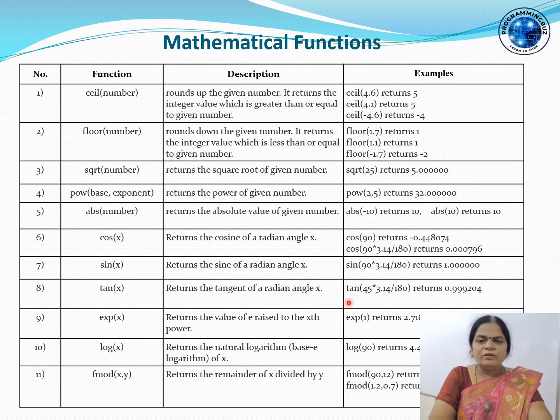Similarly, if you want to calculate the tan of an angle, you have to write tan. Here I have calculated tan of 45, which is tan of 45 multiplied by pi by 180, which will be equal to 0.9999. That is equivalent to the value 1. So this is about the trigonometric functions, that is cos, sine and tan.